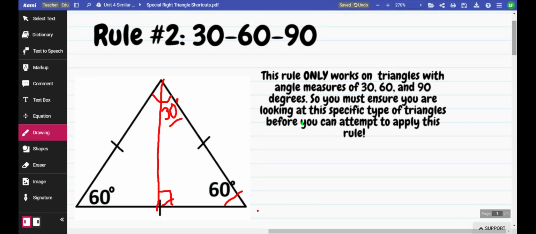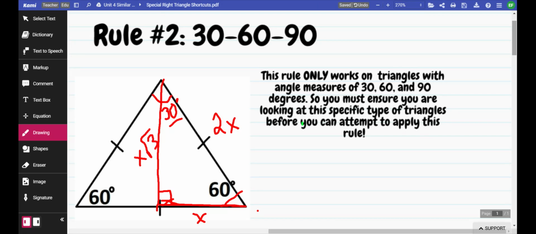So the rules associated with this triangle, let's just say that this side length has a length of 2x. Well, when we took this altitude and split our side length down the center, now this length down here will have a length of just x. It would be half the length of the hypotenuse, or half the length of the original side. If we do the Pythagorean theorem a whole bunch of times, we get to the rule that this longer side length here, this altitude in this scenario, directly across the 60 degrees, is going to be the exact same length as our short side, but radical 3 times larger.